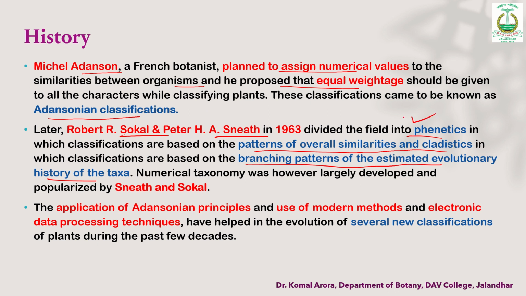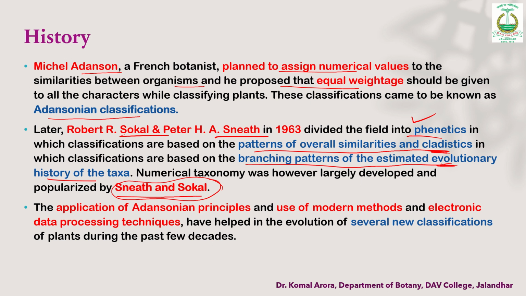Phenetics is where we discuss the similarities, the overall pattern, how many characters are similar. And second is cladistics, in which we relate that to the evolutionary history as well. So numerical taxonomy was largely developed by Sneath and Sokal. Major credit has been given to them because they related morphological characters and data obtained from other sciences to phylogeny.